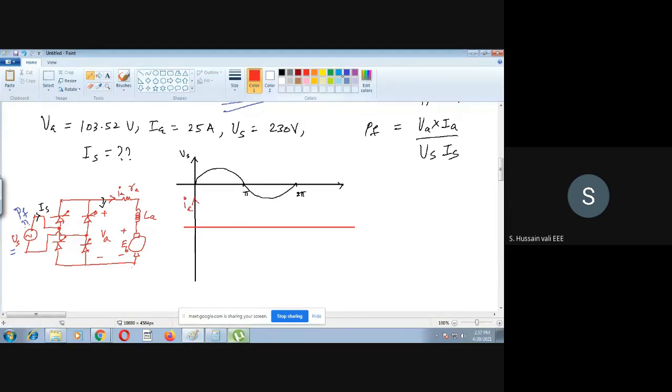I will tell you why I am drawing the IA current waveform here. Please see.